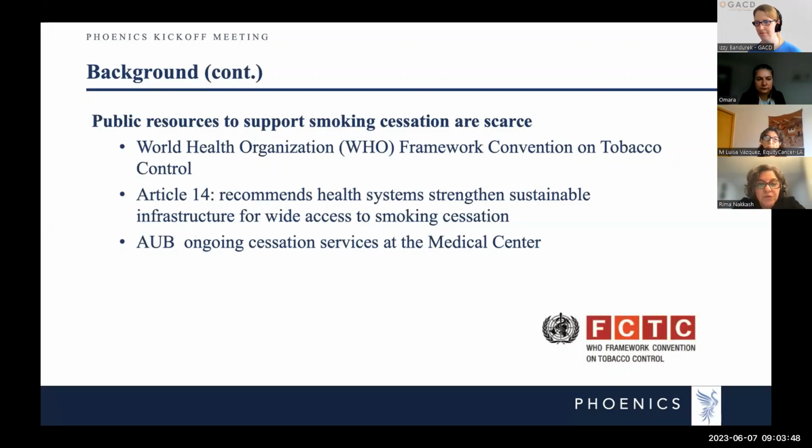In terms of resources, there are also almost non-existent resources in the public sector for smoking cessation. The least effort or resources have been put towards that. We have a large network of primary healthcare centers that have strong non-communicable disease programs, but are very weak in terms of having smoking cessation support.